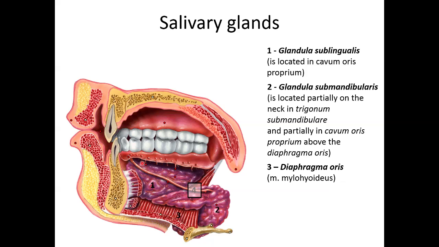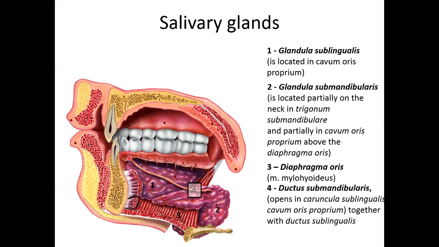What is it? It's a special duct which serves for passing saliva from the gland into the oral cavity, and it opens here in caruncula sublingualis, number 5. Number 5 is caruncula sublingualis.